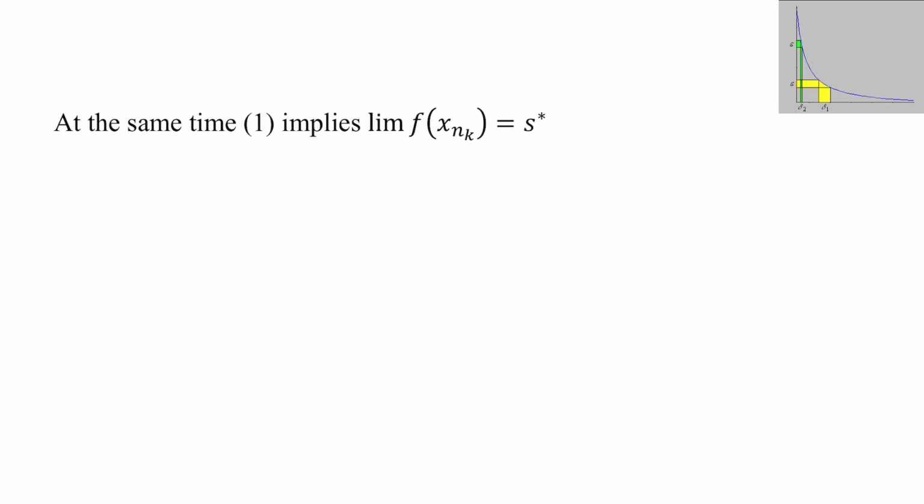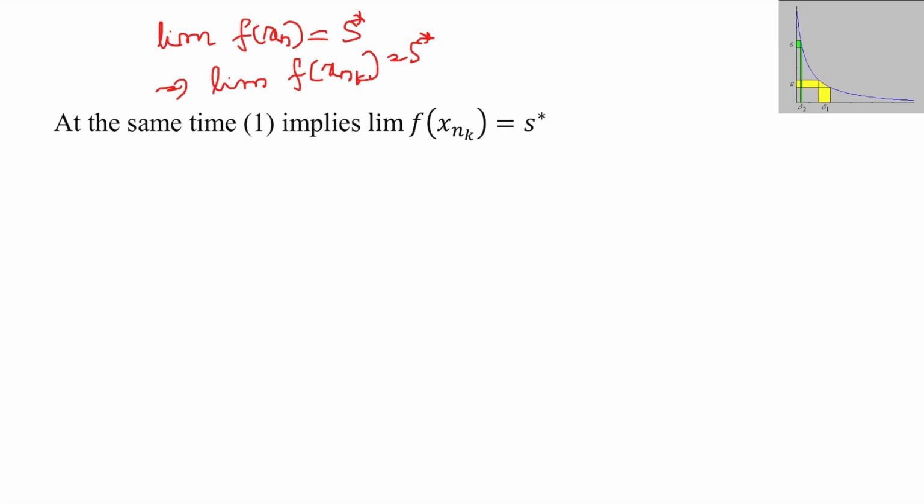But in equation 1 we got limit of f of xn is equal to s upper star. If the sequence f of xn converges to s upper star, every subsequence of f of xn also converges to s upper star. So this implies limit of f of xnk is equal to s upper star.